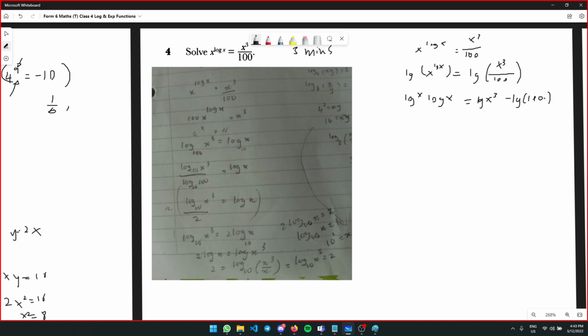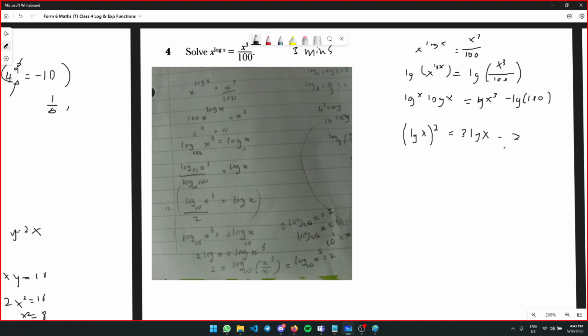Let's remember this log times log is just squaring the whole thing, so it's log x, then squared. Here, this cube refers to the x, not the whole function. So here we can say it's 3 log x, minus log 100, that is basically 2.